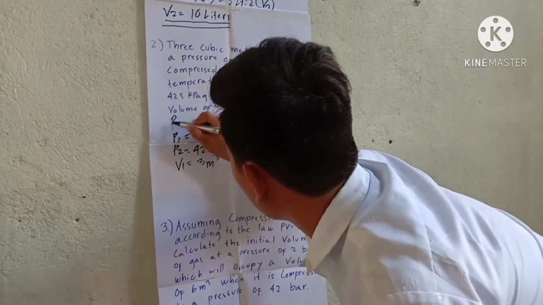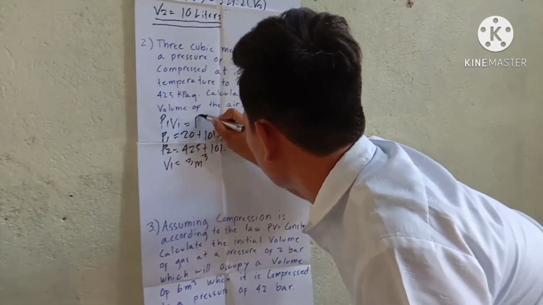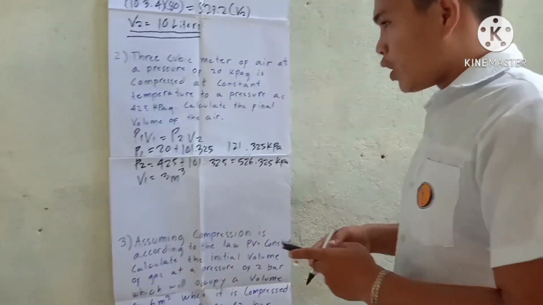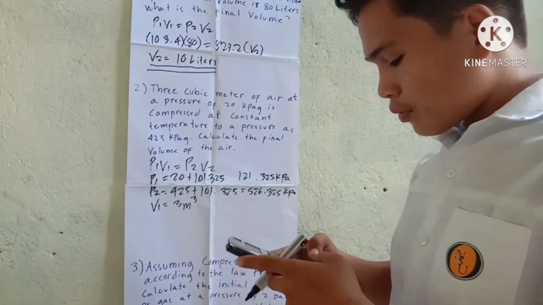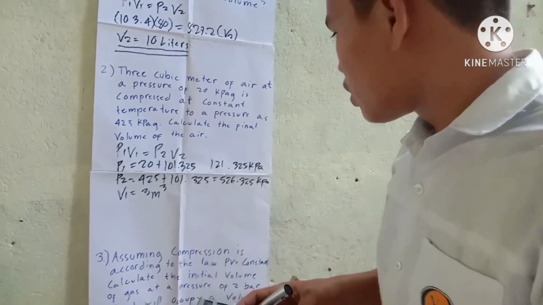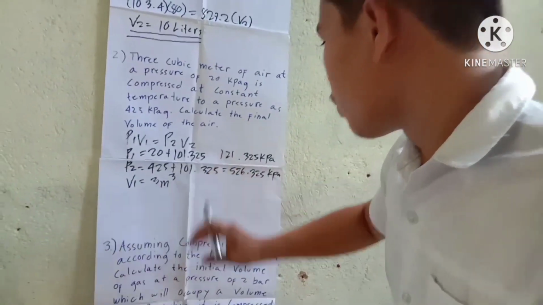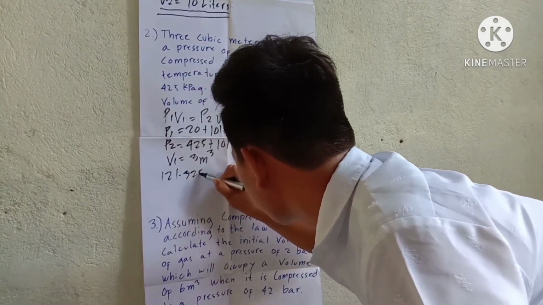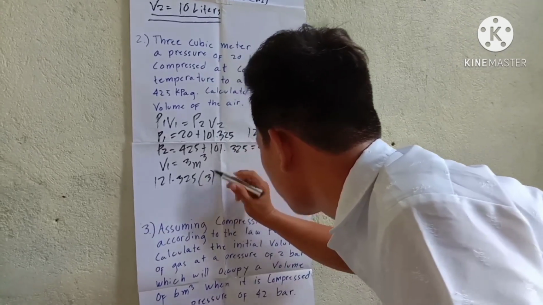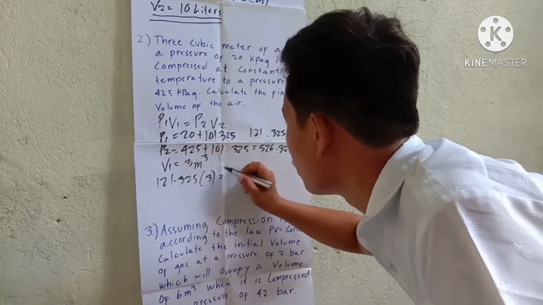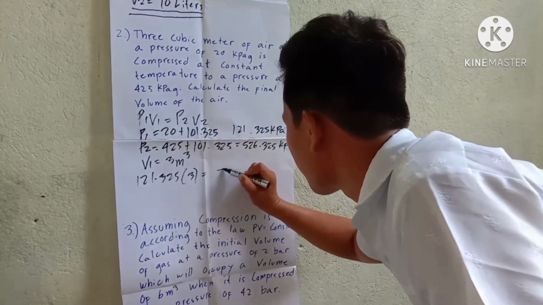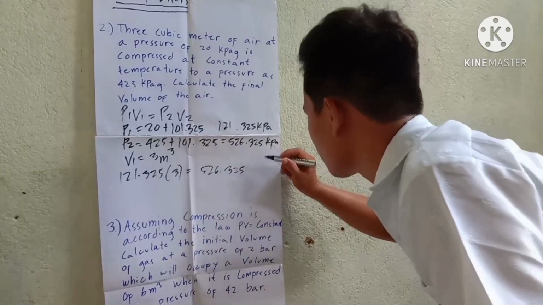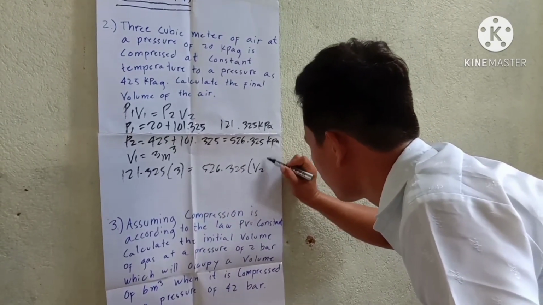volume 2 using P1 V1 equals P2 V2. We need to use shift solve. So 121.325 times 3, the volume 1, equals 526.325, the P2, times V2.